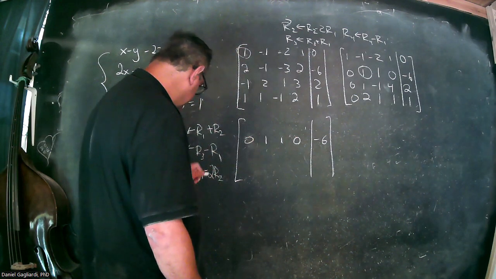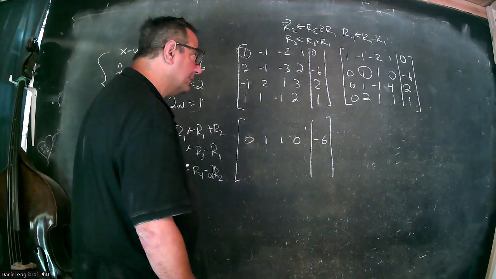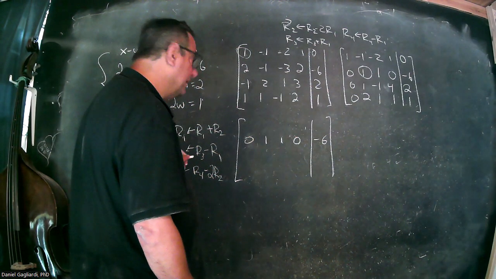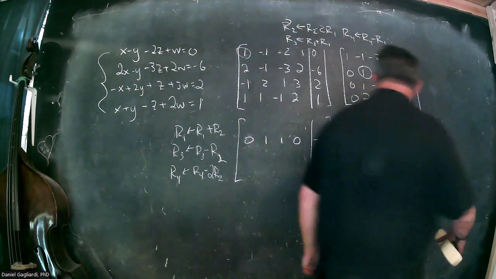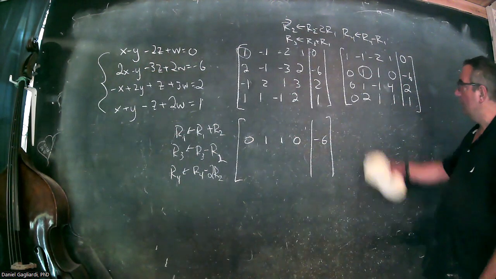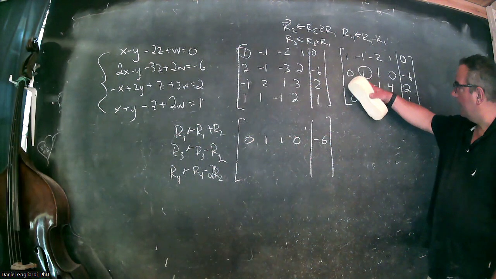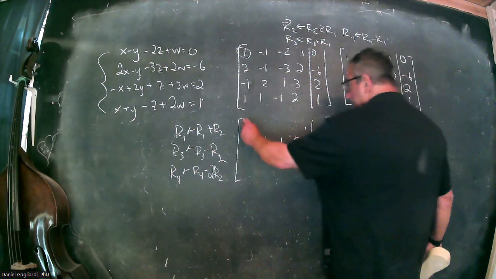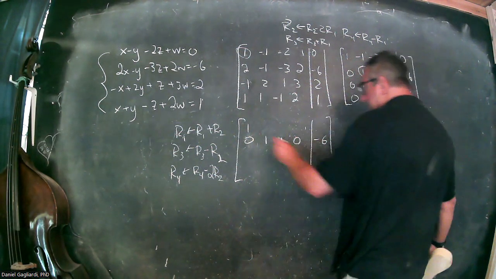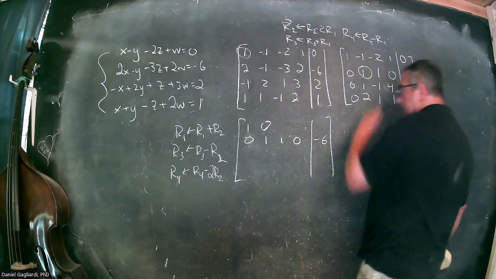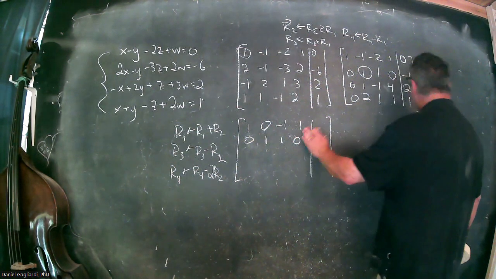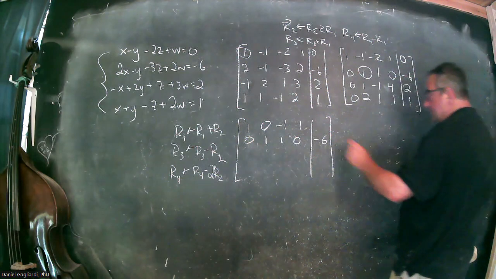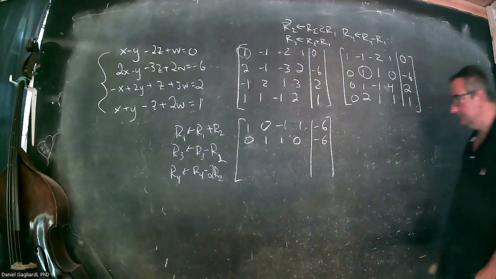Okay? So row 3 gets replaced with row 3 minus row 2. This should be a 2 there. All right, so let's do it. So for row 1, I add row 2 to row 1. So 0 plus 1 is 1, 1 plus negative 1 is 0, 1 plus negative 2 is negative 1, 0 plus 1 is 1, and negative 6 plus 0 is negative 6.